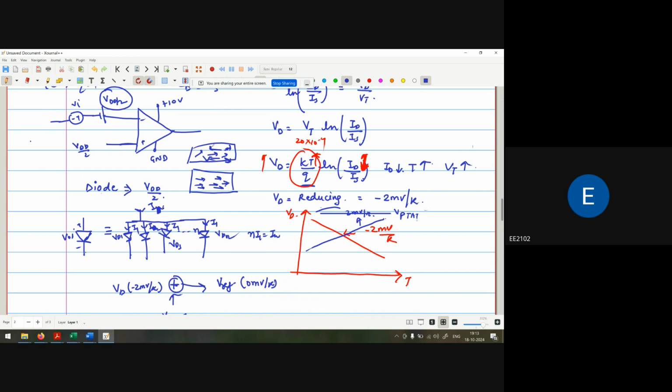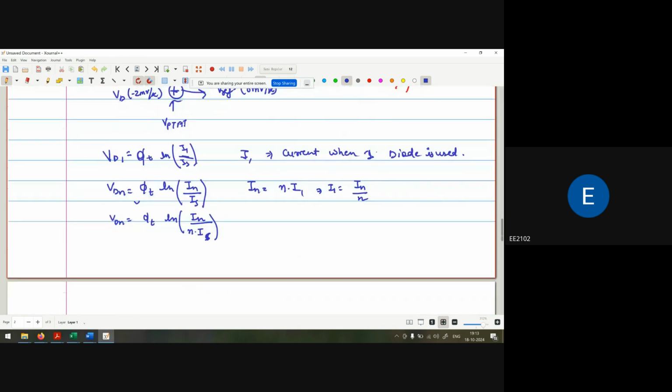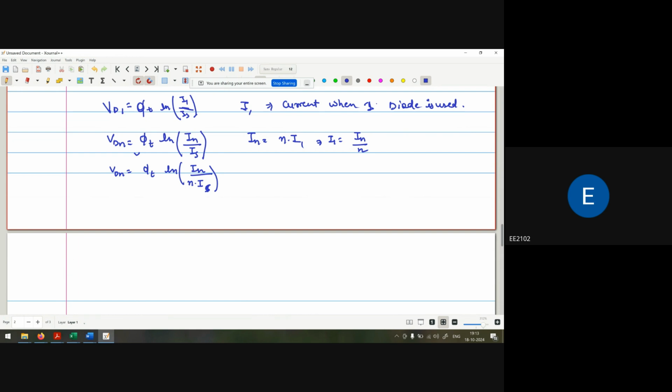The current in this one is I1 bar, the current in this one is I1 bar, and I2. So this is the value of VD1 and VD2.